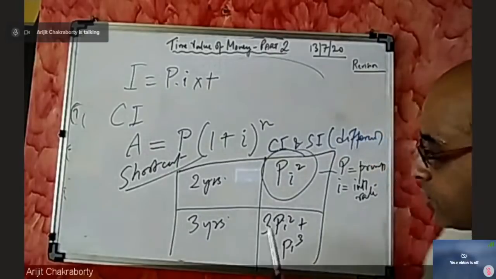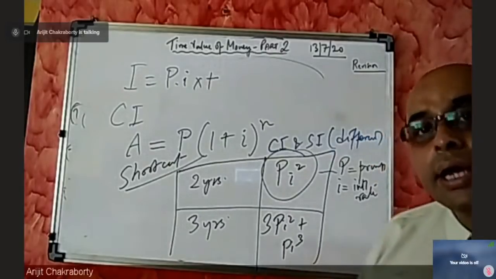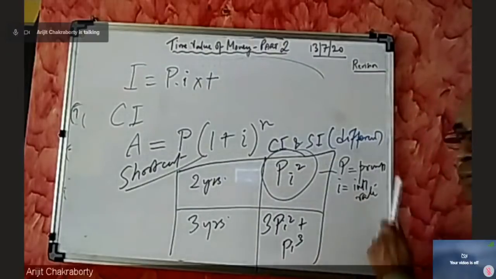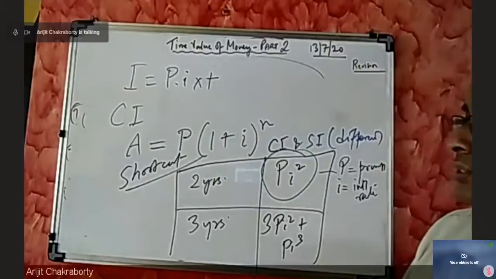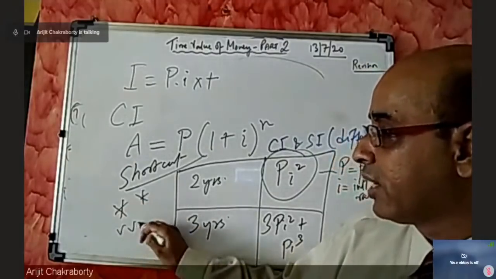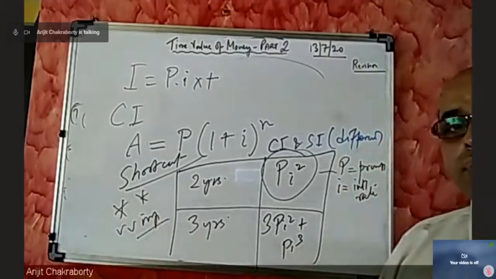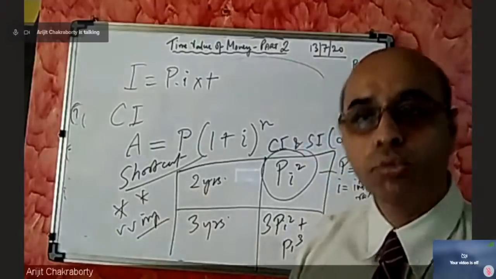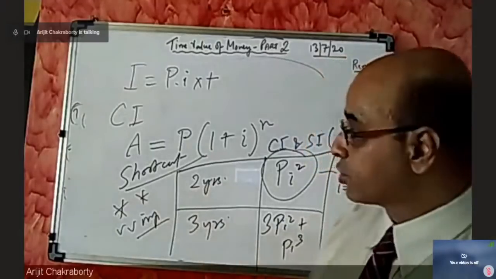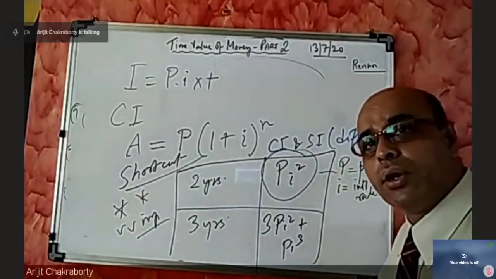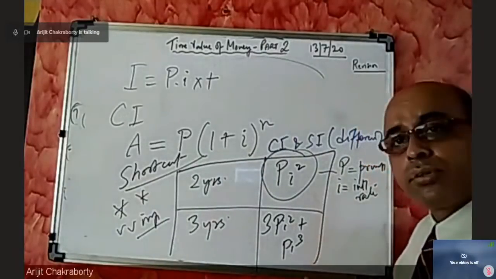So it is 3 into P into I square plus P into I cube, where P is the principal and I is the interest rate. It is a very, very important shortcut which you should remember, and we shall also use this shortcut in different numericals which we are going to do today. So please write these two down in your notebook, so that you don't forget this.